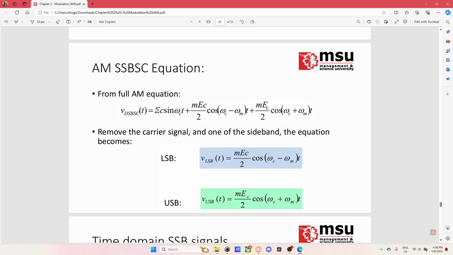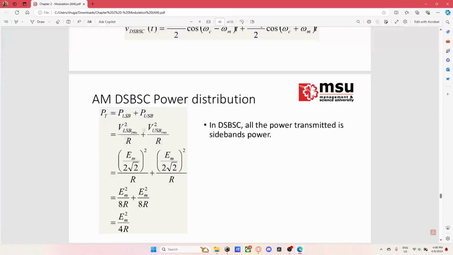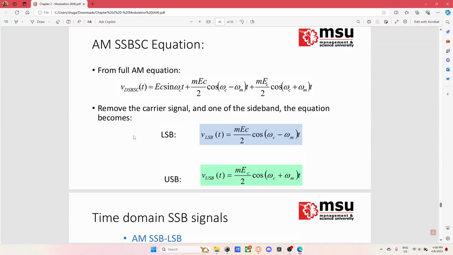As you can see, this is the full AM equation, still the same as the one above, but now we are removing the carrier and one of the sidebands. When the upper sideband is removed, the equation becomes like this, where it is omega C minus omega M. If the lower sideband is removed, it becomes M, modulation index, voltage divided by 2 cos omega C plus omega M. As you can see from both of these equations, the difference is omega C minus omega M and omega C plus omega M. That is the difference between LSB and USB for the single sideband suppressed carrier equation.